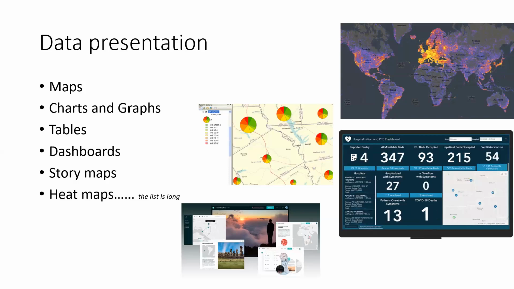For example, if you want to go somewhere, you just pin the location and it will direct you there. So that's one example of a map.